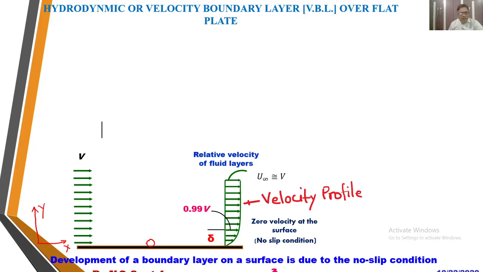This fluid layer will cause the slowdown of the fluid particles of the adjacent layers because of frictional effects. So their velocity will be reducing slightly.